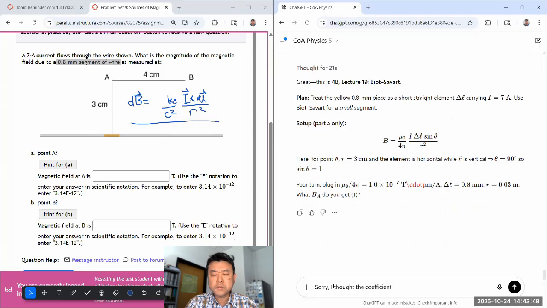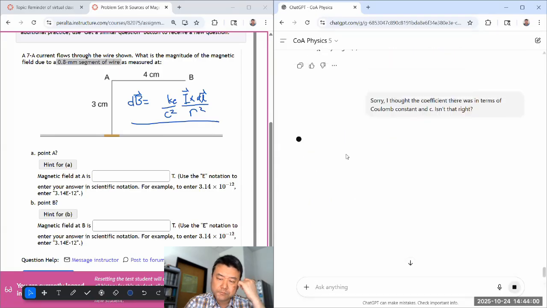the coefficient there was in terms of Coulomb's constant, isn't that right? Let me see if it actually pulls the correct info from the lecture notes. In the lecture notes somewhere, I basically give you both.